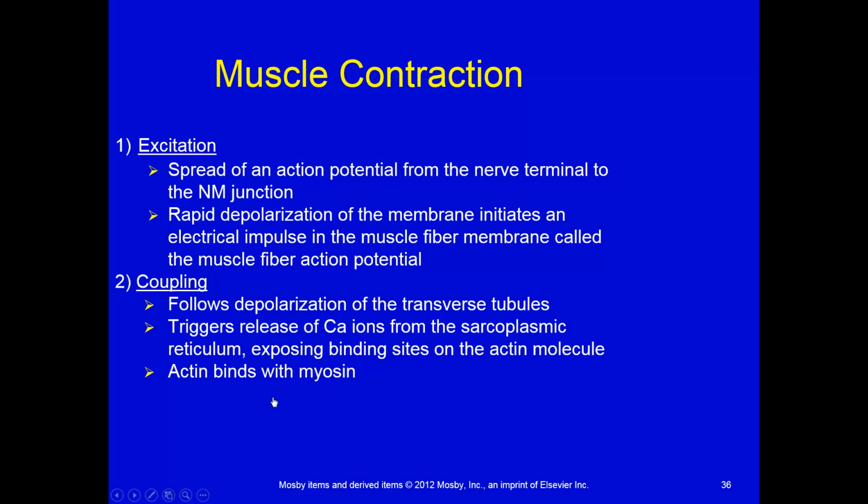So tell me what happens in coupling after the depolarization of that muscle fiber. Yeah, so calcium gets released after this depolarization. And why is calcium so crucial in actin and myosin coupling and them pulling together?